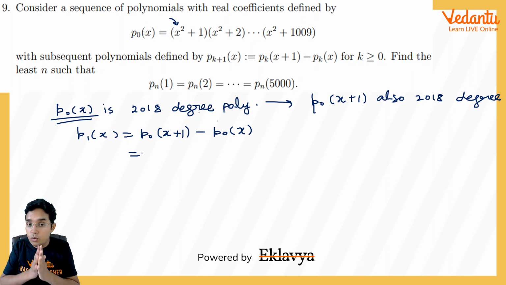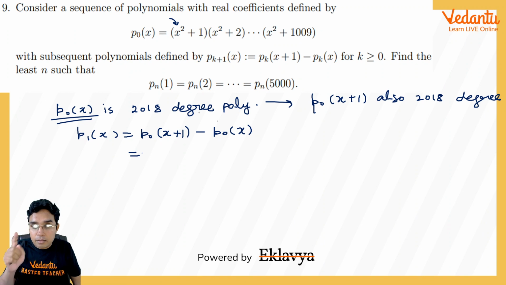And also you can prove that p naught x plus 1 will have some terms of degree 2017, and p naught x is not having any term of x power 2017. So this difference will be a 2017 degree polynomial.